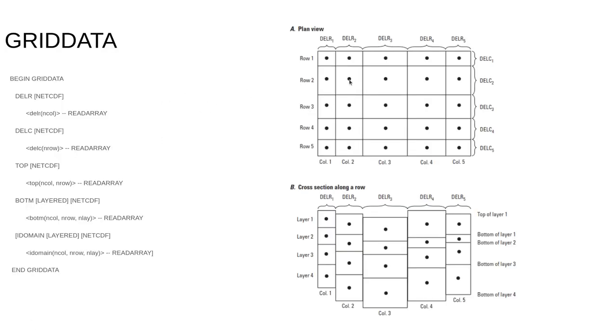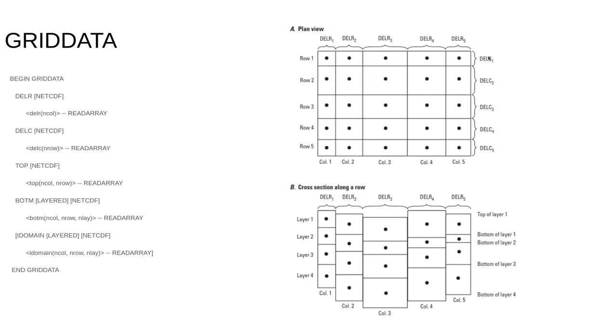So this is where we get into the spacing of our grid. There's delr, which is the spacing in the row direction, which is maybe a little bit of a confusing term, but the idea is as you go along the row, how far apart are those grid cells spaced? As you can see, they're not the exact same size.